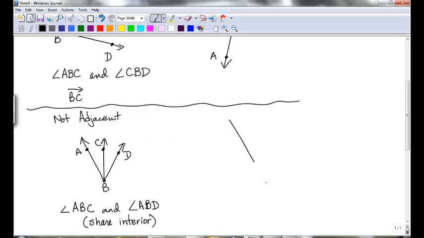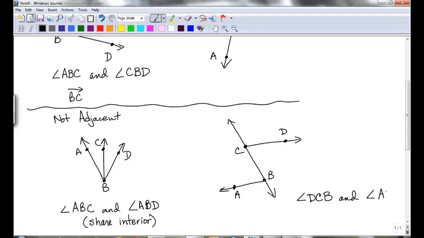Let's do another one over here. Label this point C, this point D, this one point B, and this one point A. And let's look at angle DCB and angle ABC.